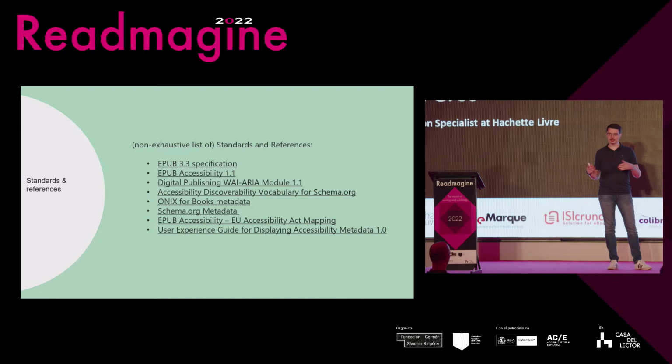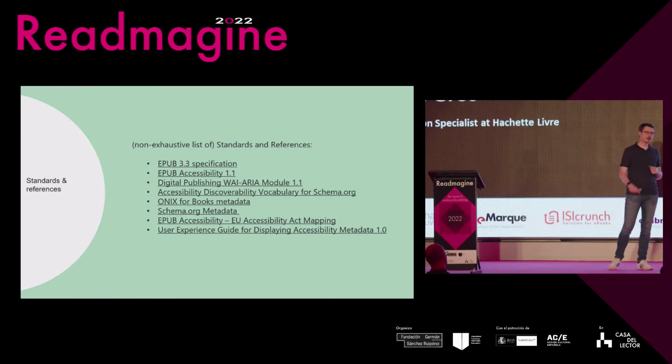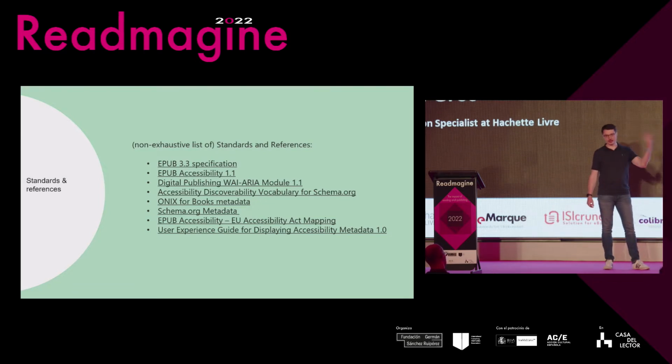Of course, there are standards and references. Now you know, thanks to Gregorio and previous speakers, the different standards we can have about accessibility, about EPUB, about ONIX as well, and so on.